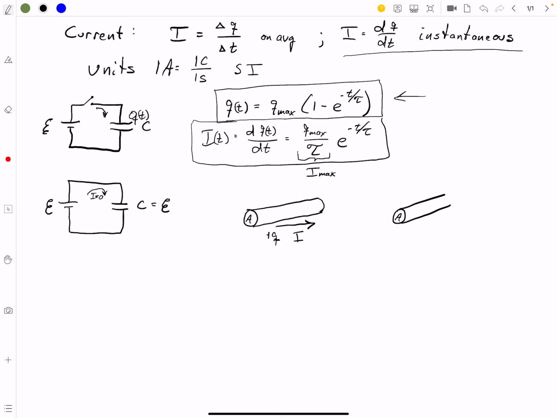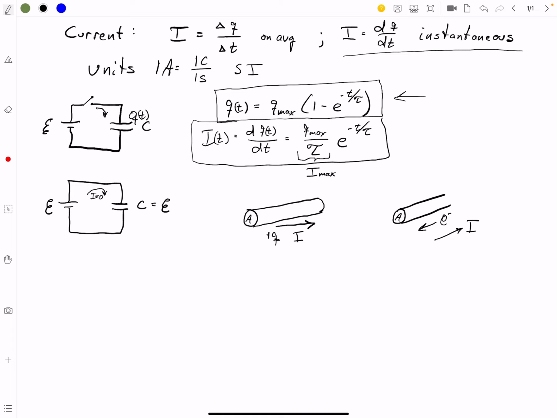And that's fine. In real life, what is happening? We've got our area of the wire, and in real life, the electrons are flowing in this direction, and our current is in this direction. And this is the reality of it. Electrons flowing in the opposite direction of the current.